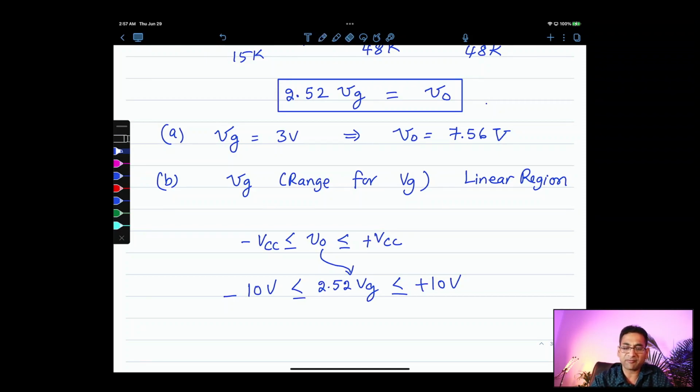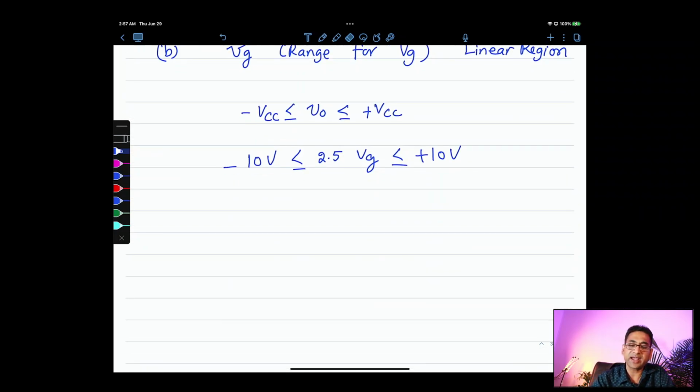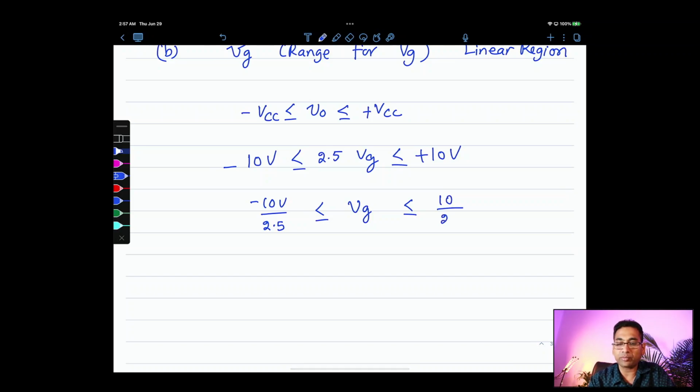Matter of fact, I'm lazy a bit. I'm just going to simplify my equations by dropping that 0.02 term. The division becomes straightforward: negative 10 volts over 2.5 less than or equal to Vg, in turn less than or equal to 10 over 2.5.